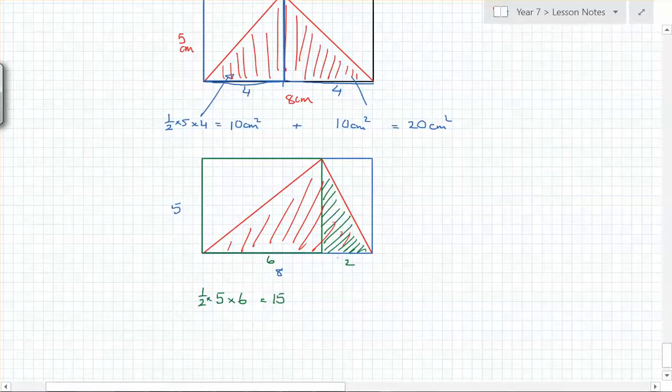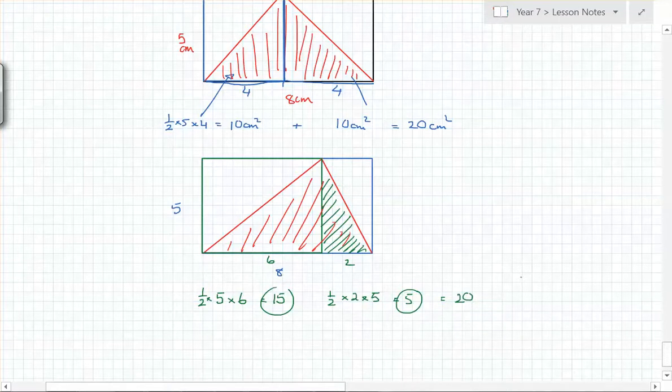And this one would be a half of 2 times 5, which is 10, so it would be 5. If I add those 2 together, I get 20. Alright?